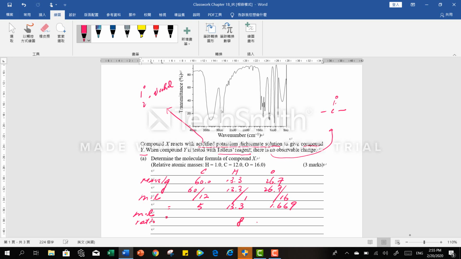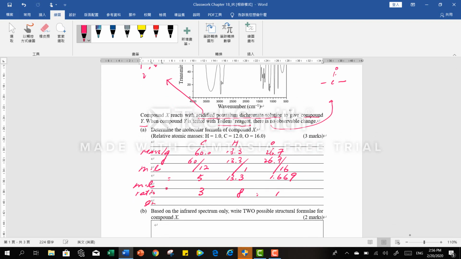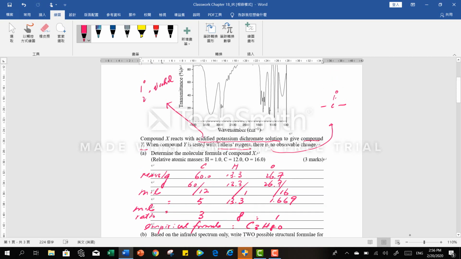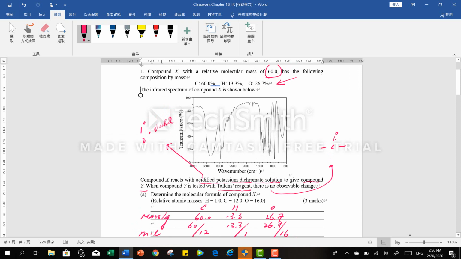So this will be like that. This is just the empirical formula. Remember, empirical formula will be C3H8O.